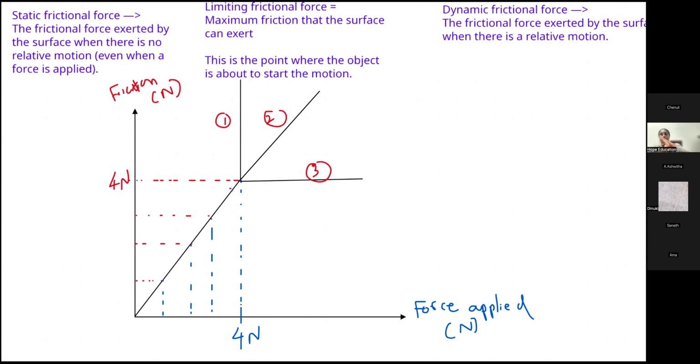Okay, Dinuki says third. Others? Second. Ashita says second. Chenuli, what do you think? Third. Okay, Chenuli says third. Okay, first.